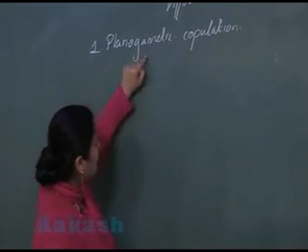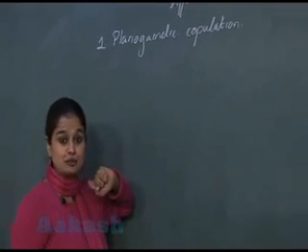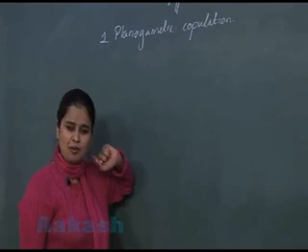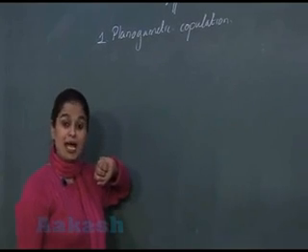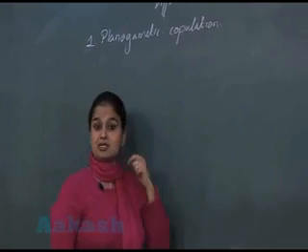Now, planogamete means motile gamete. Just now, I have told you that planospore is motile spore. Similarly, planogamete means motile gamete. And copulation means fusion.